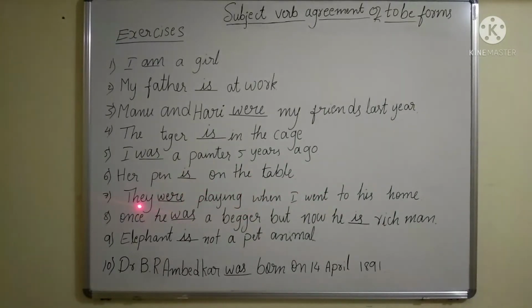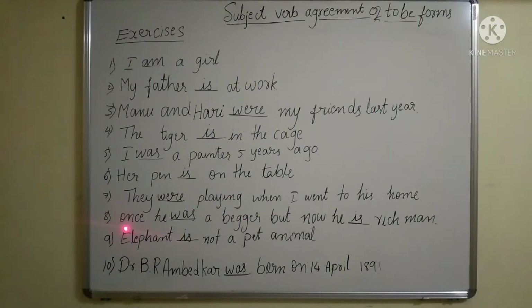So, as per the subject, they is a plural subject, then past tense. What? Were. Were is the right to be form. So, they were playing when I went to his home. When I went to his home, some children or people or whoever, but they were playing. So, this is also in past tense.